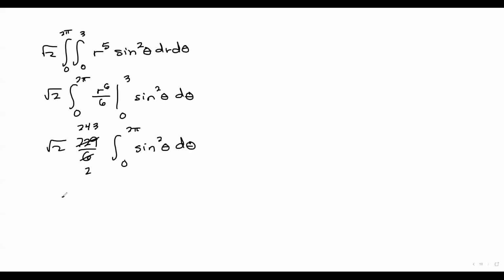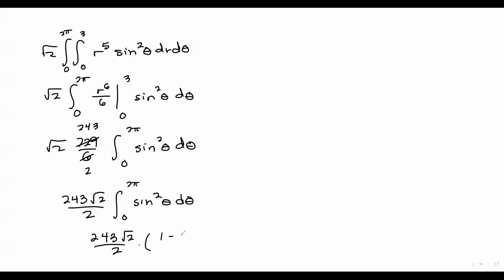And so we're going to get 243 root 2 over 2. All right, and now to go through and do our sine squared theta here, we can use the double angle identity.